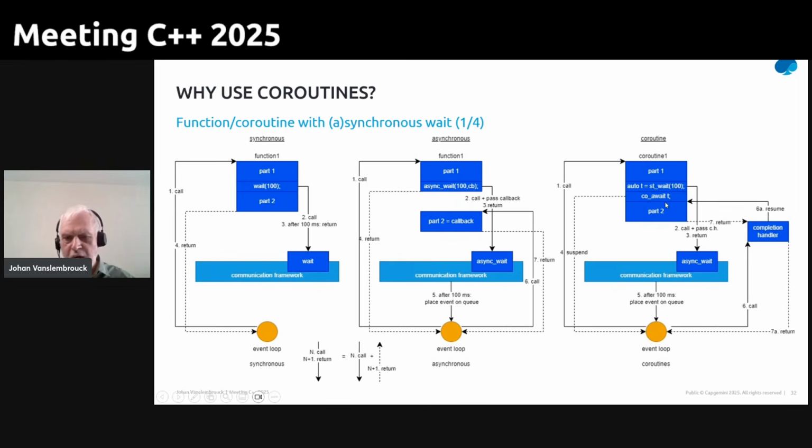So the style of coroutine is the same as the style of synchronous, but the execution flow of a coroutine is the same as asynchronous, except that the programmer didn't have to cut that original function into two parts, pass the second part as a callback function and so on. So coroutine should have an advantage over asynchronous style, and that's only a very simple application.